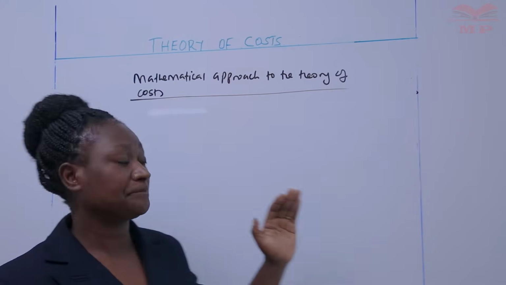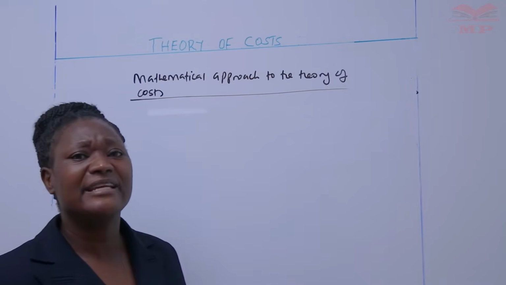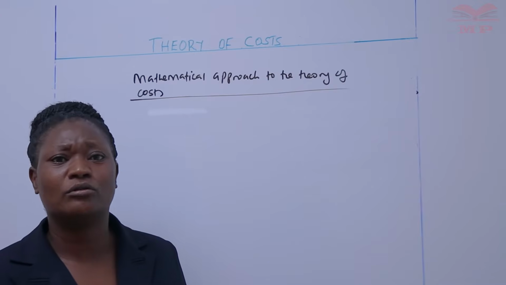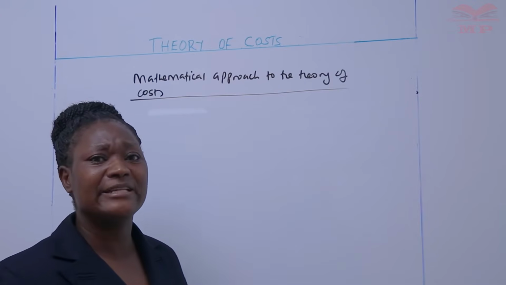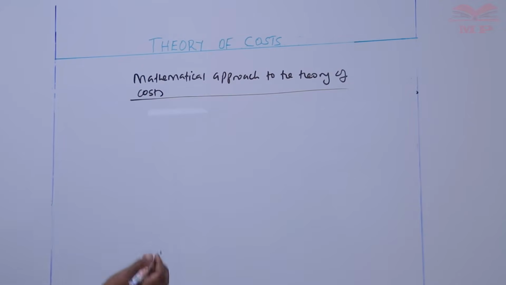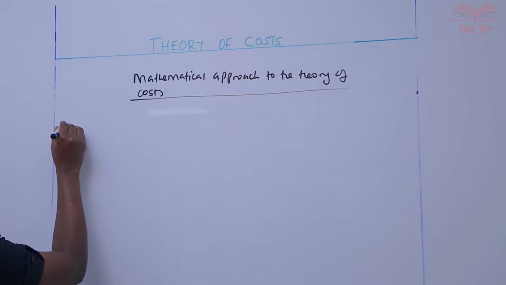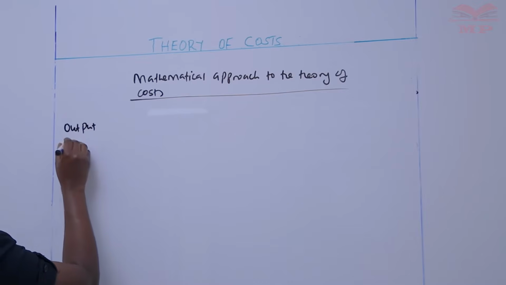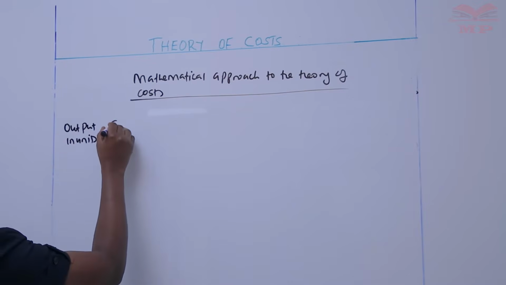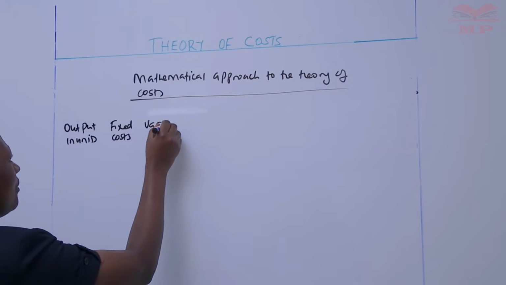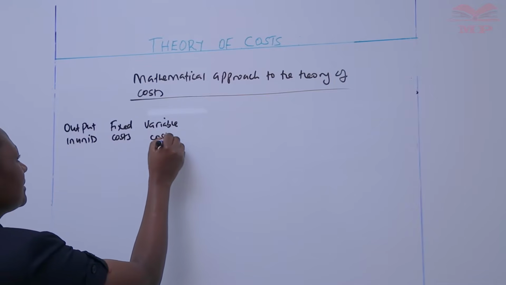We are assuming a case where you've already been given the level of output, you know the fixed cost, and you know the variable cost. How can you use this to derive all other costs of a particular firm? So I'll give a table. We have output, in units. Then we have fixed cost, variable costs.